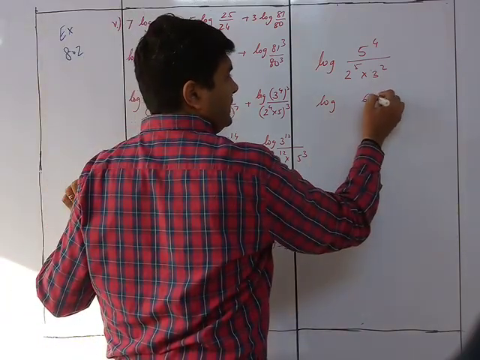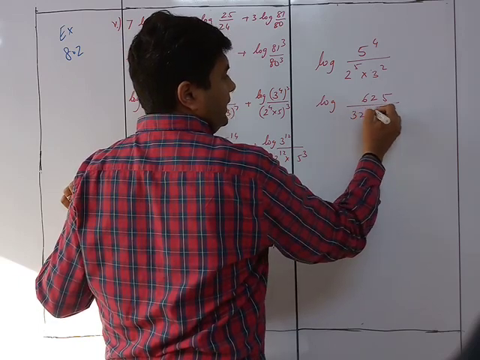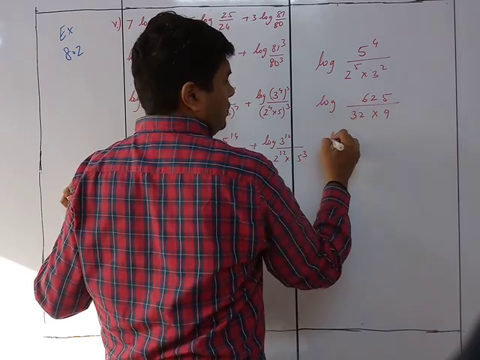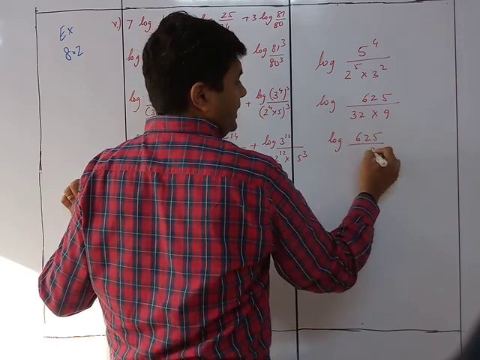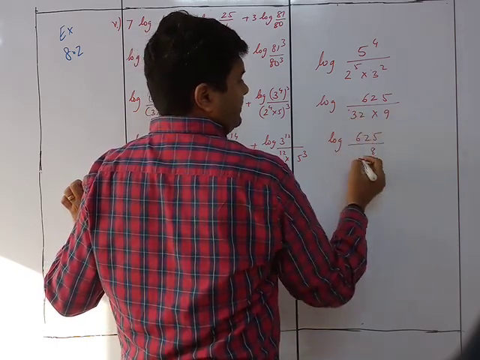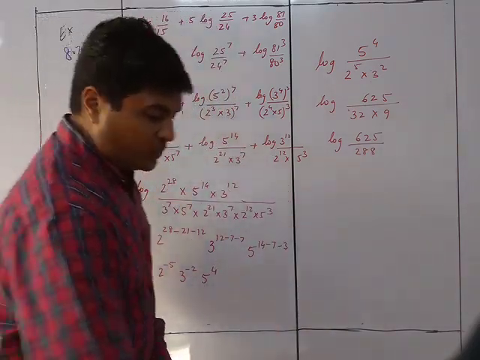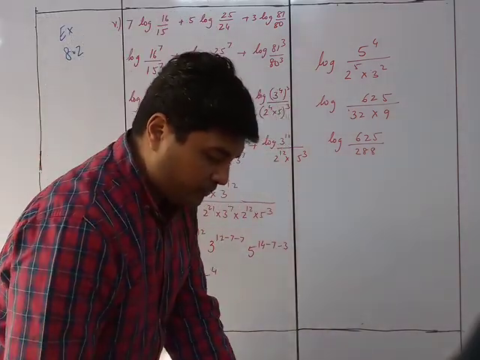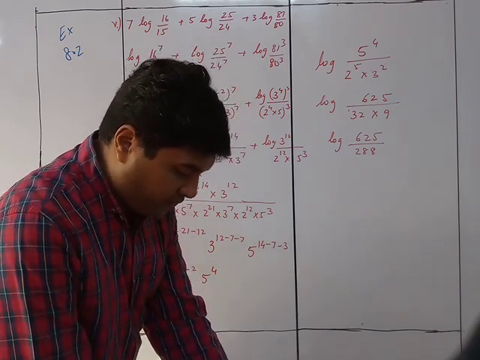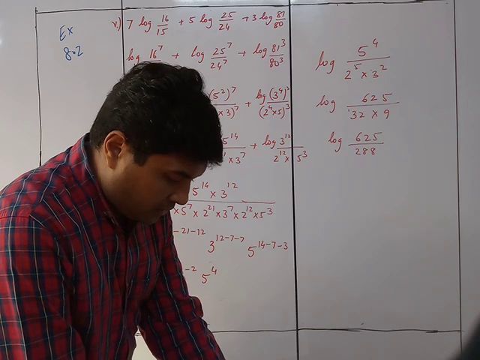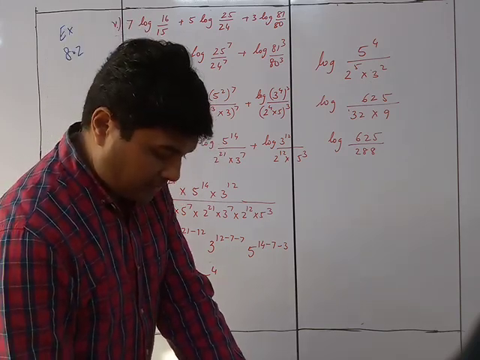So it will be 625 upon, this is 32 into 9, so 288. So that should be 625 upon 288 as the answer for the fifth sum, oh sorry, it's 256.